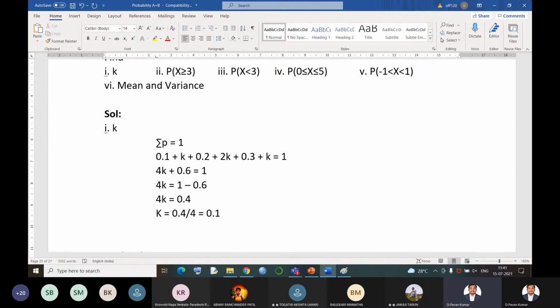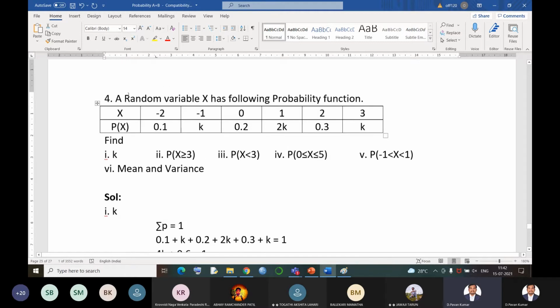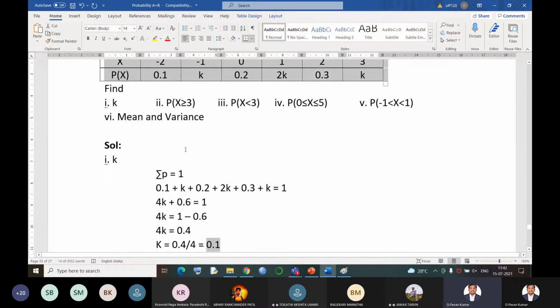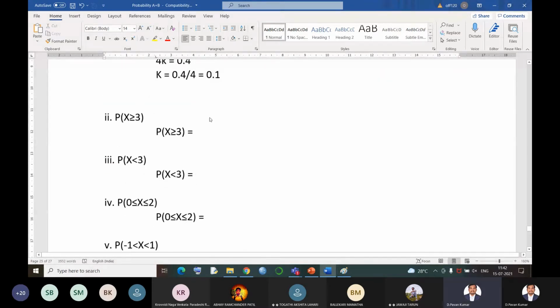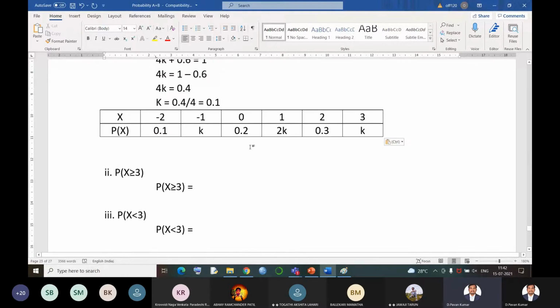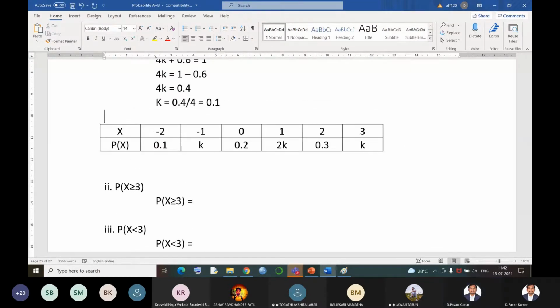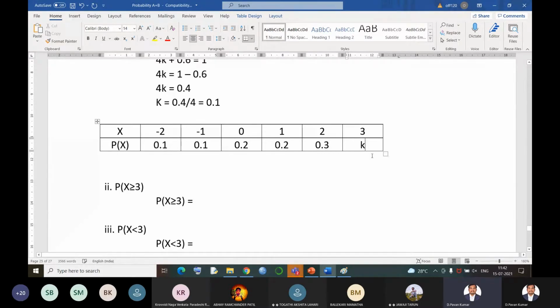Again we have got the value as 0.1. Simply substitute this value of k in the given problem. So let's take this and substitute in the same. By substituting the value of k, this becomes 0.1, next 2 into k, 2 into 0.1 will become 0.2, and the last value remains as 0.1.